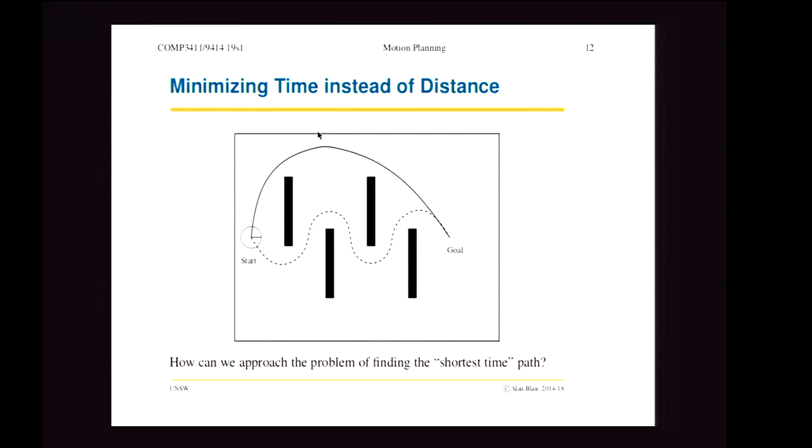It may be that this path is, in terms of distance, longer than that, but the robot might be able to traverse this path faster than that path. Because it's doing these tight turns, it would have to slow down. Whereas here, because this is a smoother path, the robot may be able to travel faster along that path. So maybe we want to actually minimize the travel time rather than the distance.